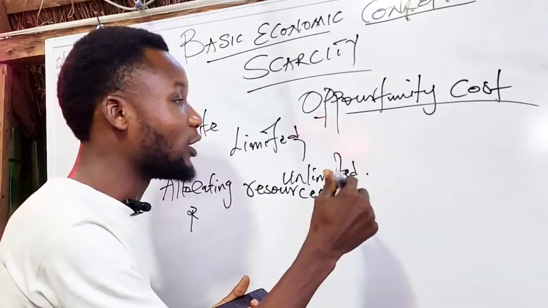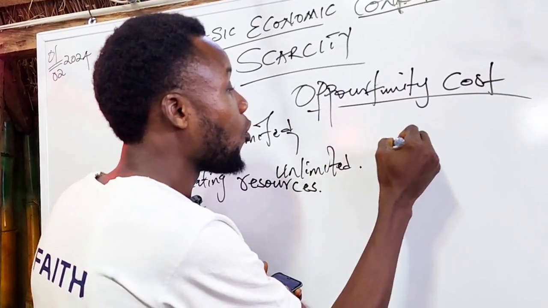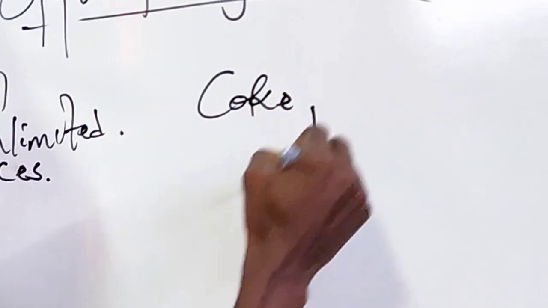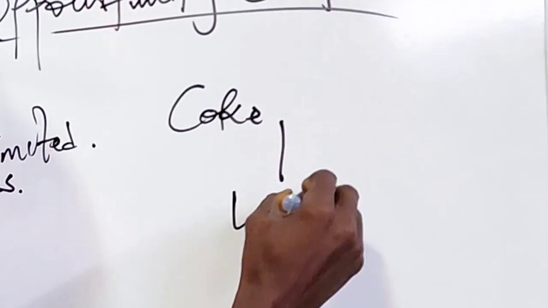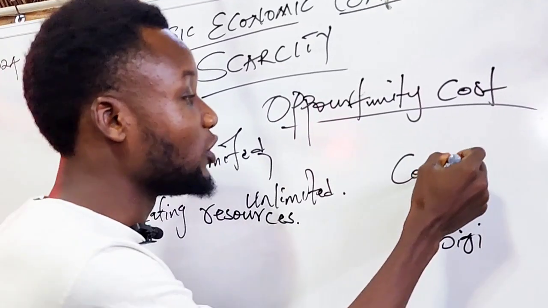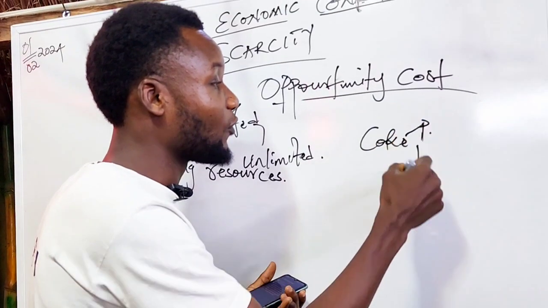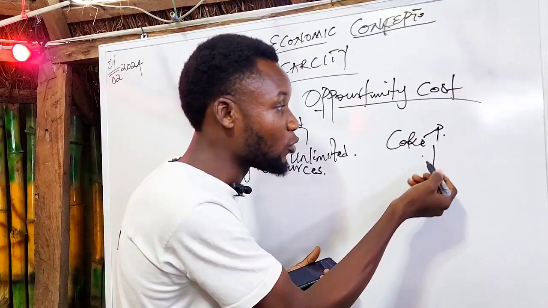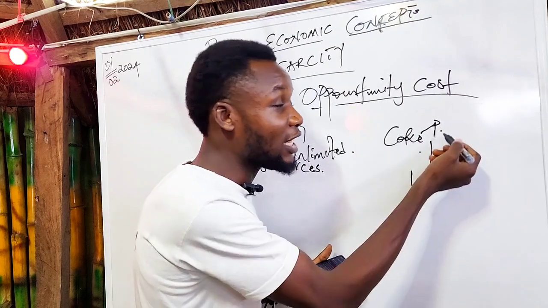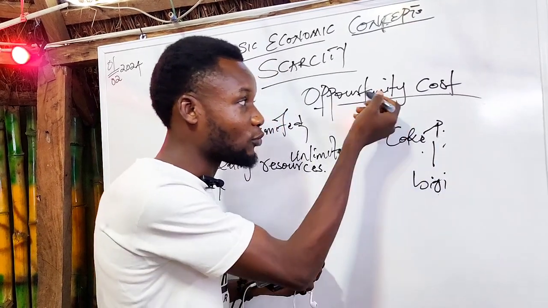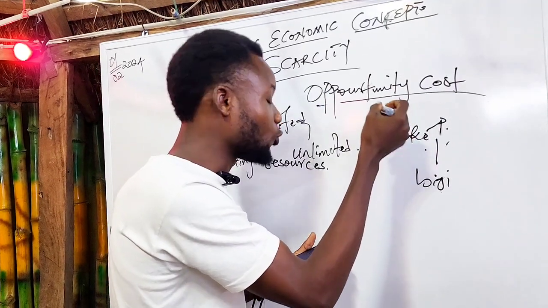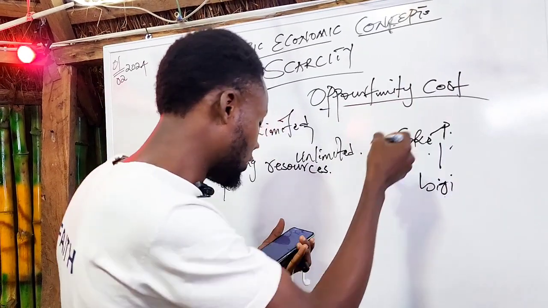You forgo this one. I forgo Coke for Biggie, because I know that the purchasing power, which is the money that I have, cannot buy me Coke. And so because there is a substitute called Biggie, I decided to go for Biggie instead of Coke. That's a little explanation of what we call alternative forgone, opportunity cost.